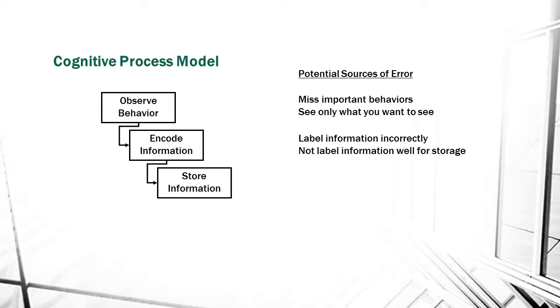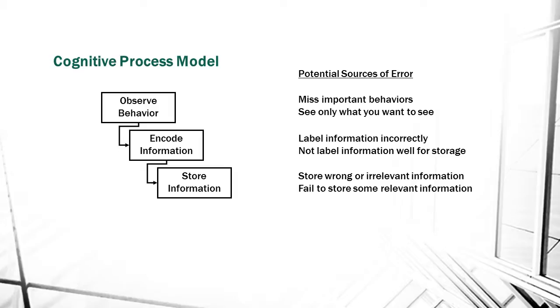which is the next step in the process. If we want to remember things, we have to store it in our memory. This is not a process we have a lot of conscious control over, but nevertheless, there's room for error here. We might store information incorrectly. We might, for example, notice a really positive behavior, but remember it as coming from the wrong employee.